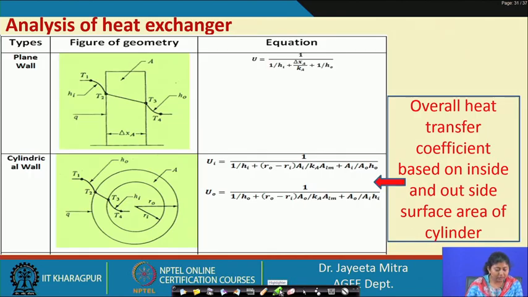Now we will see the common configuration that we most often encounter in heat exchangers. First, there is a flat plate, having any kind of solid material, delta x A is the thickness, and on one side there is a hot fluid and on the other side there is a cold fluid.